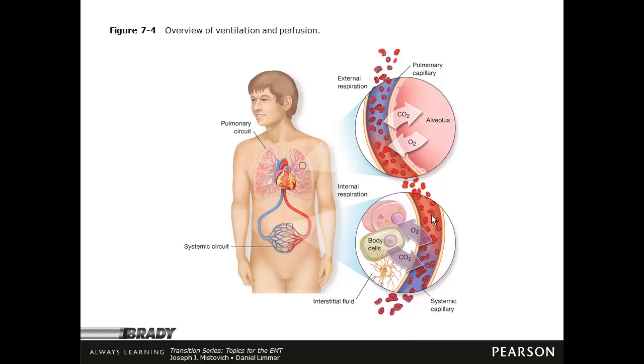In the capillary beds, in the cellular beds, there's more carbon dioxide than in the blood, so carbon dioxide will tend to diffuse into the blood, and oxygen will diffuse from the blood to the lower level in the cellular beds. This constant exchange of oxygen and carbon dioxide in the lungs is a fundamental condition of life. Without it, we die.